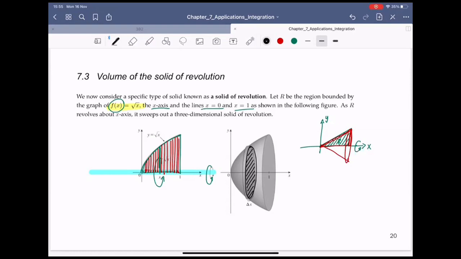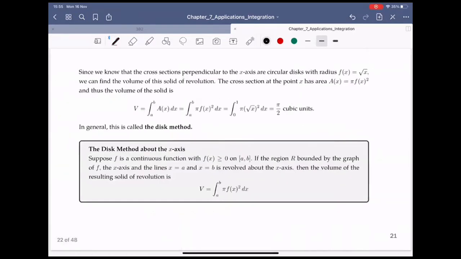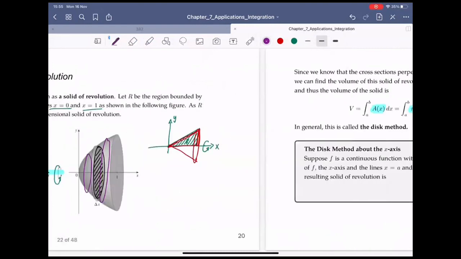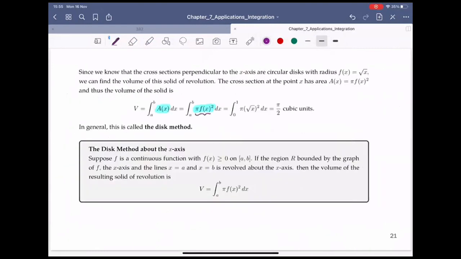So my cross-sectional area A(x) is going to be pi r squared, because no matter where I cut, I always get a circle. And your r is going to be just f(x).